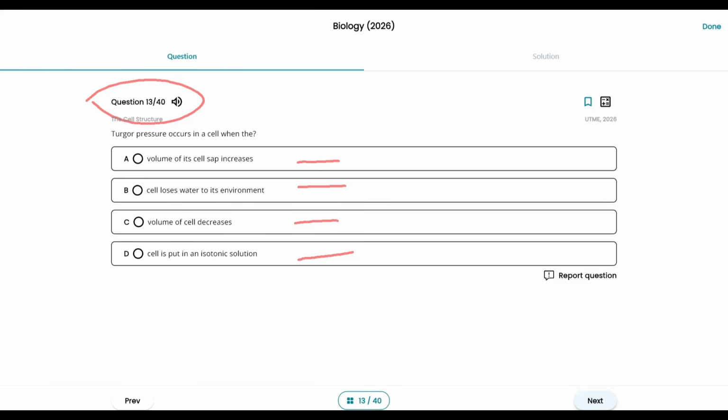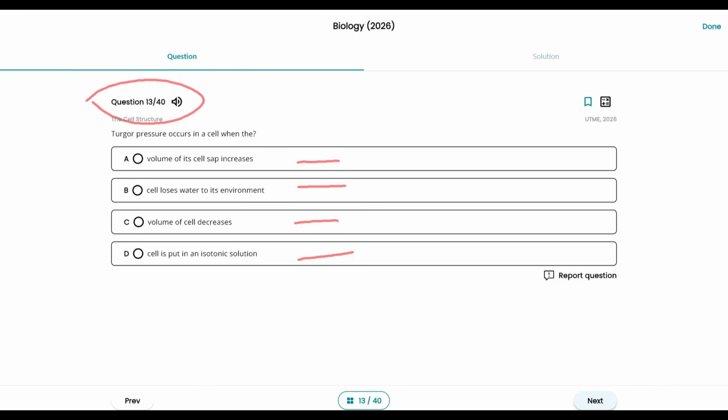Let me read the question again so you can understand. Turgor pressure occurs in a cell when the dash. The question is testing what happens to a plant cell when water enters the cell and increases the volume of the cell sap. Are you with me?